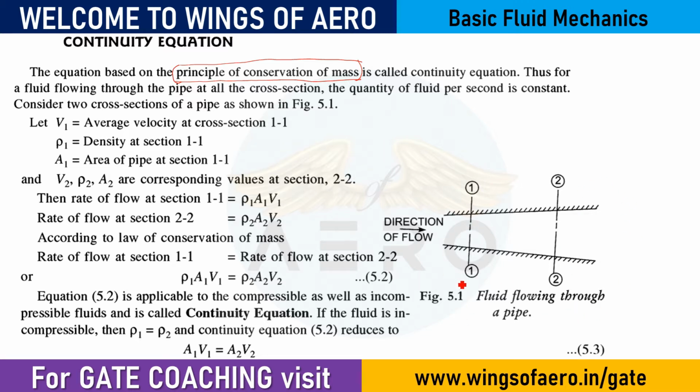At the inlet, let's consider the velocity v1, density rho 1, and the cross sectional area a1. The same goes for section 2: velocity v2, density rho 2, and cross sectional area a2. What it says, by the principle of conservation of mass, is that the amount of mass entering section 1 and the amount leaving at section 2 are going to be the same.